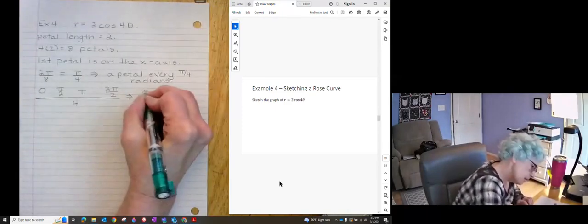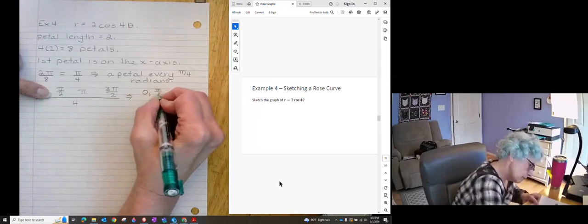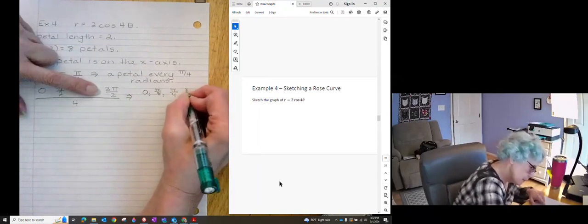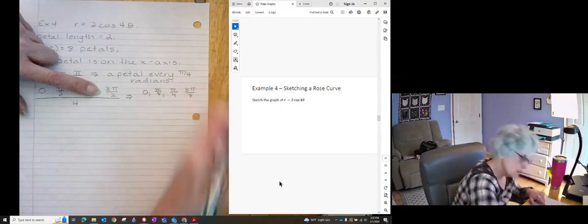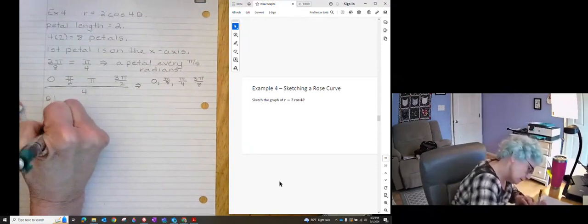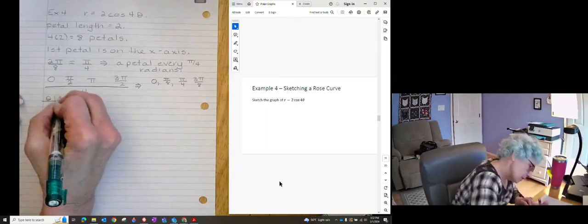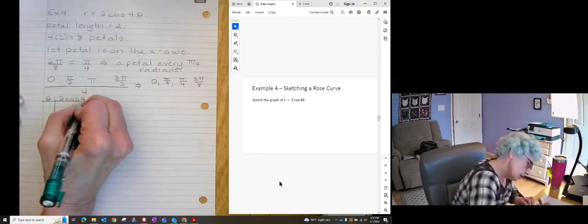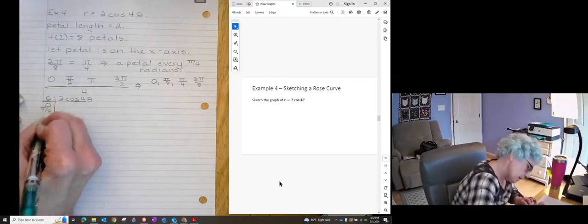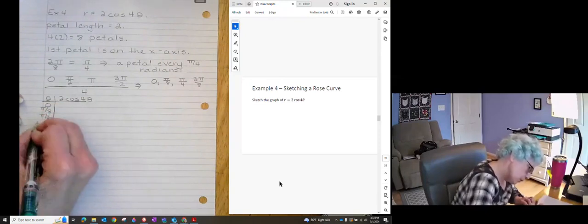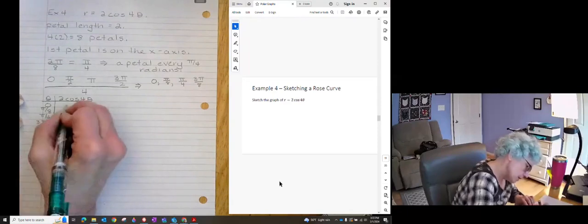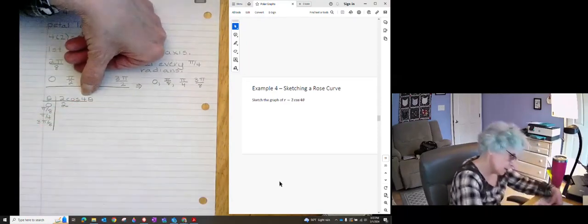So I make a table with theta: 0, pi over 8, pi over 4, and 3 pi over 8, and 2 cosine 4 theta. When I plug 0 in, I get 2.